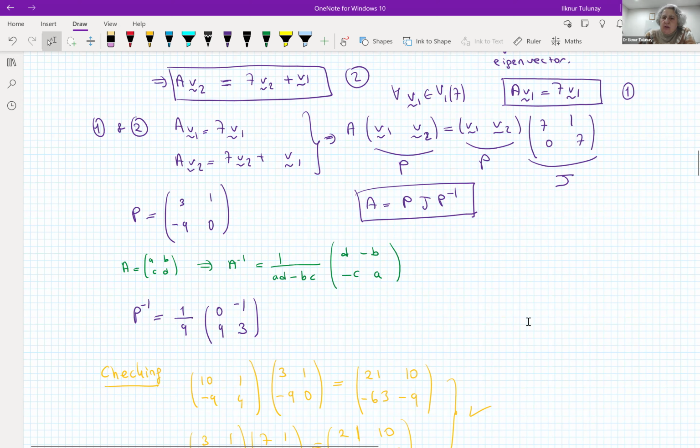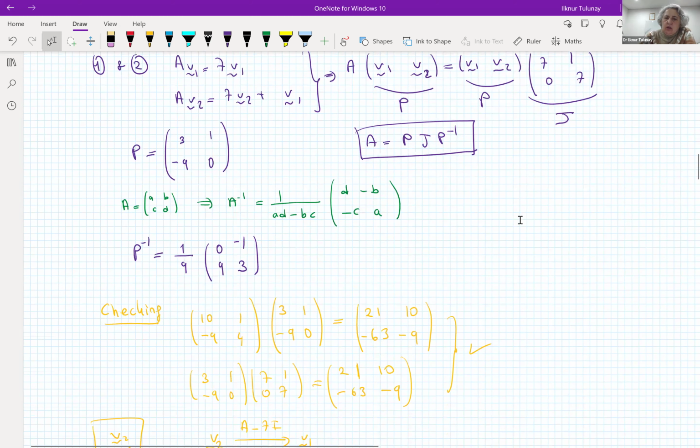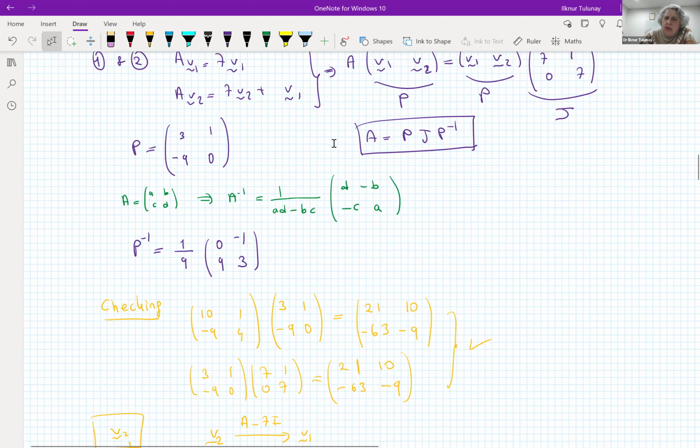So this is P inverse. You can check this matrix by just multiplying these matrices, and you should obtain A. Or you can do it as a checking thing: AP is PJ. If you multiply A times P, it gives you this, and P times J gives us this, and both of them are correct. So this is a checking thing for you.